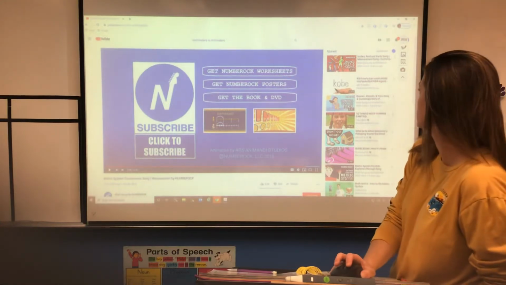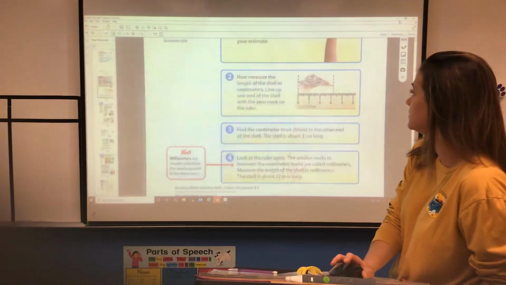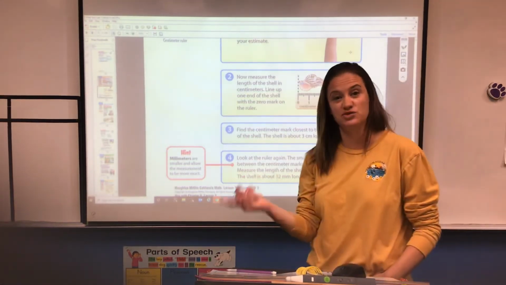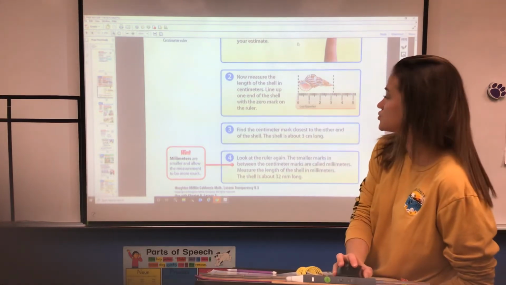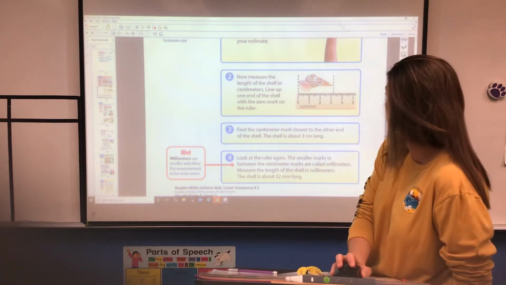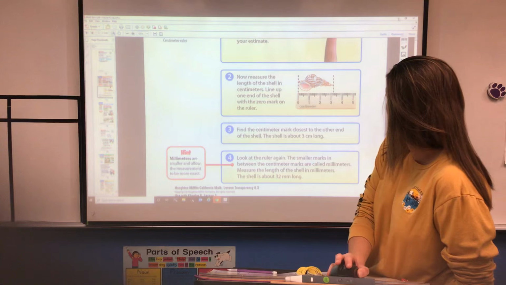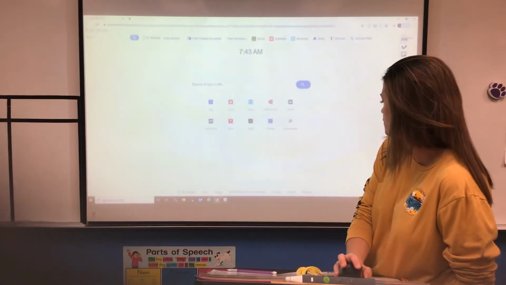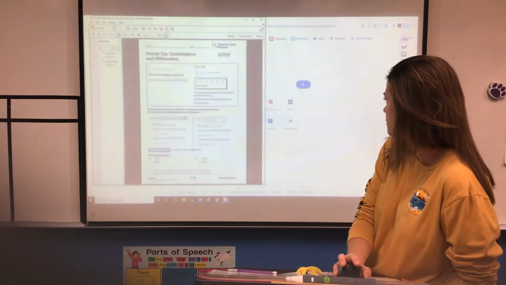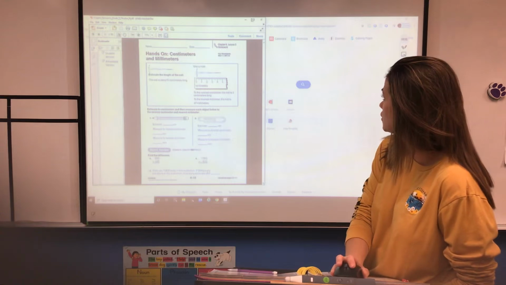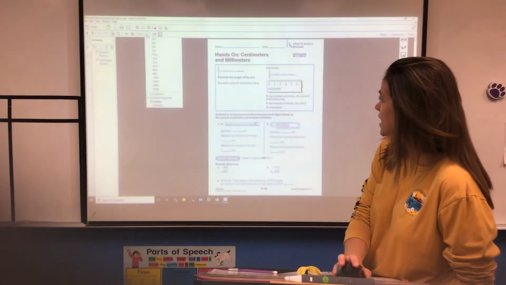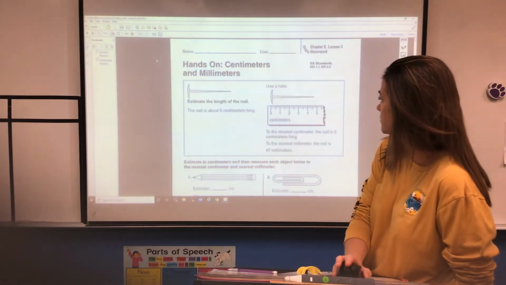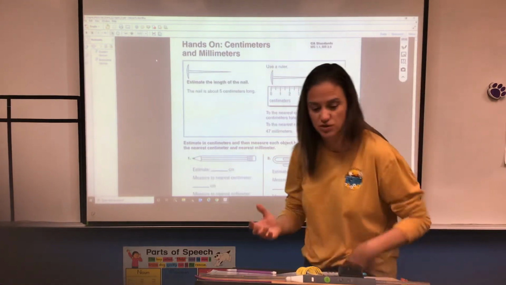All right, so that was just a catchy little song to help you try to remember that there's 10 millimeters in 1 centimeter. And in the future, you'll learn about kilometers and meters as well. So when you're measuring with your ruler, I'm going to show you when would be a good time to use centimeters and when would be a good time to use millimeters.